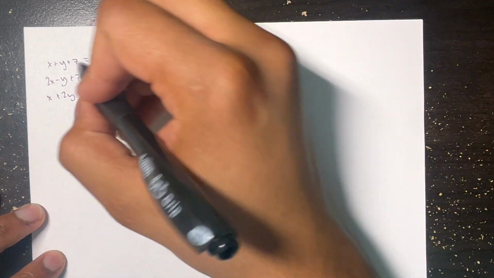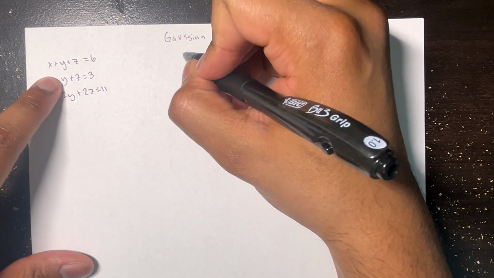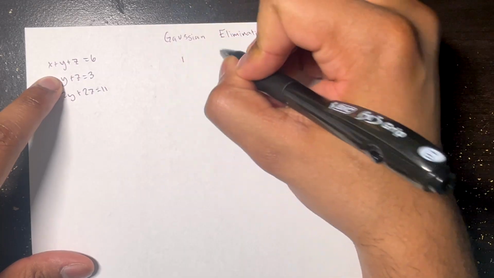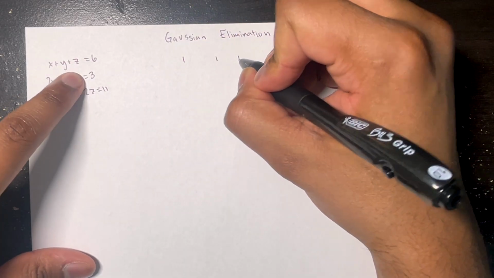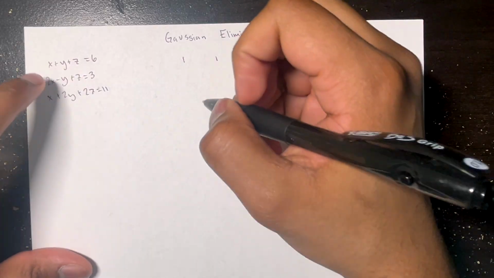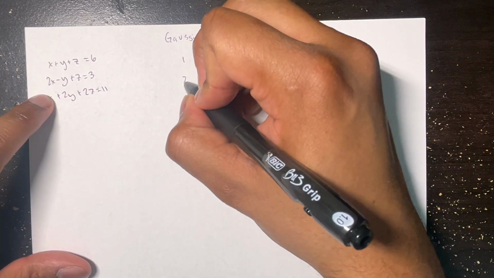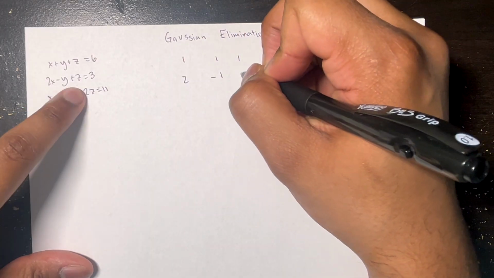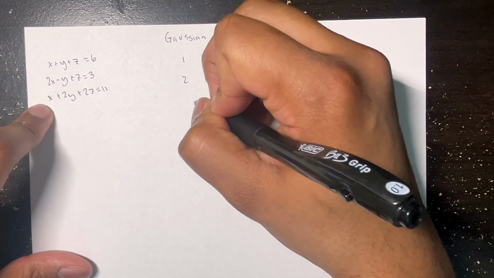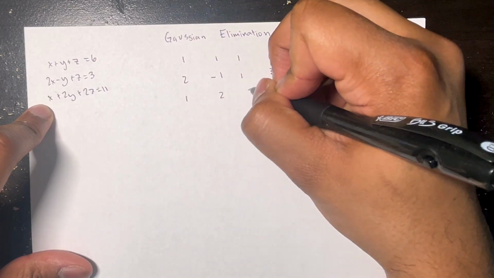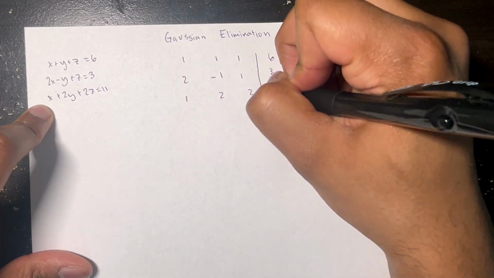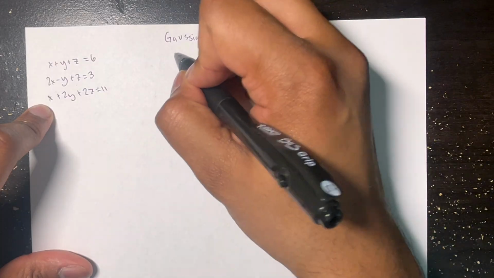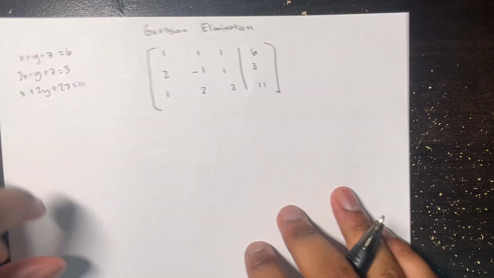So we'll start off with that. We look at the first equation and we notice it's 1x plus 1y plus 1z is equal to 6. Then we go to the next one, 2, and then negative y, so minus 1, 1, 3. And then 1, 2, 2, 11. And I like to put a line right there to show the equal sign. So that's our augmented matrix.